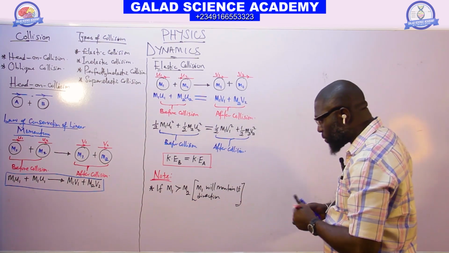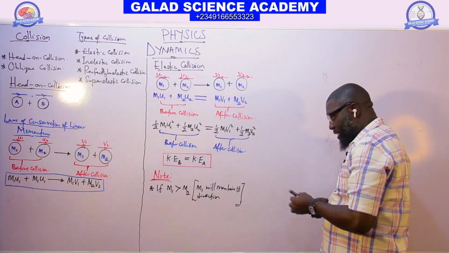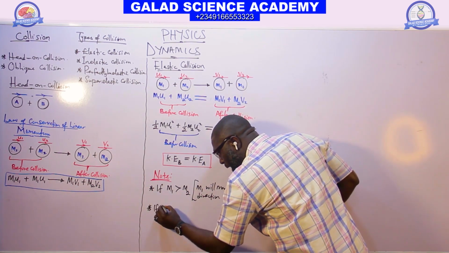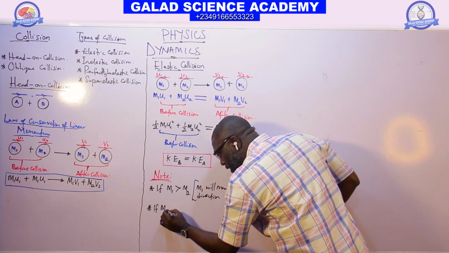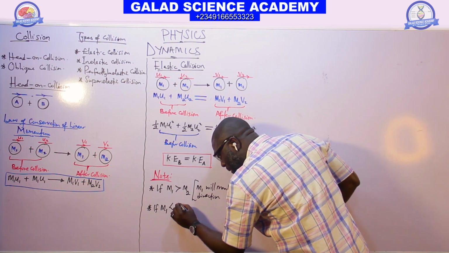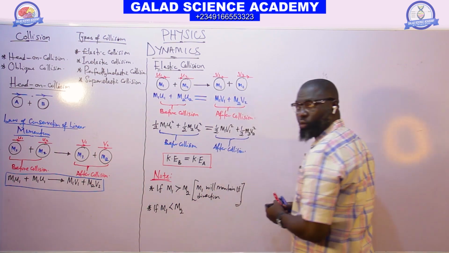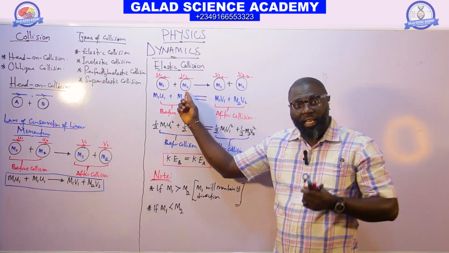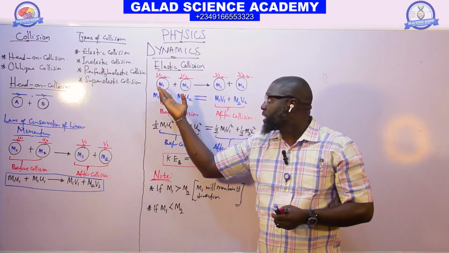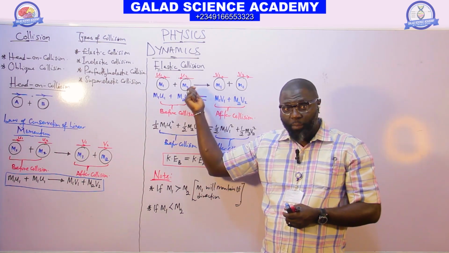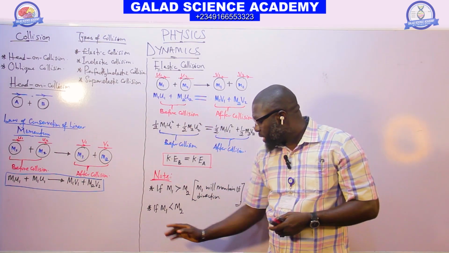But in another case, if mass M1 is less than mass M2, this M2 is bigger. The mass M1 is less than mass M2.